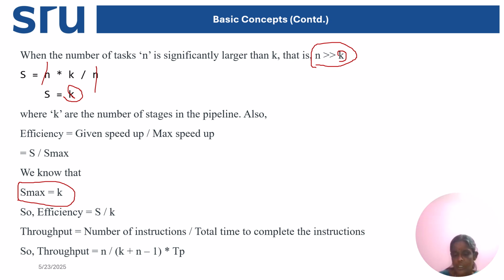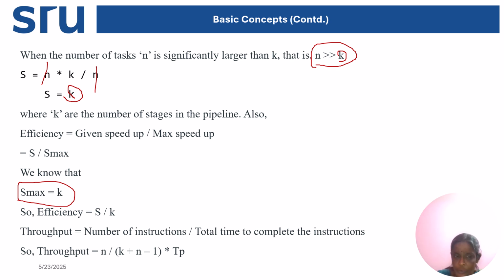Now throughput. Finally, throughput is nothing but the performance of the processor: the number of instructions divided by the total time to complete the instructions all together. So for the number of instructions to get completed, how much time is it taking into account?